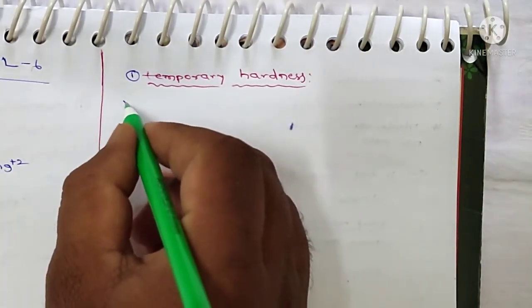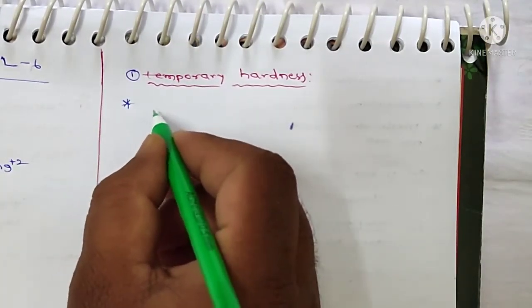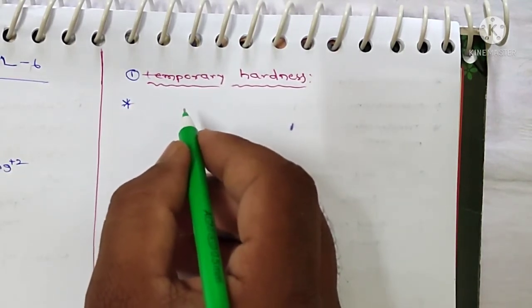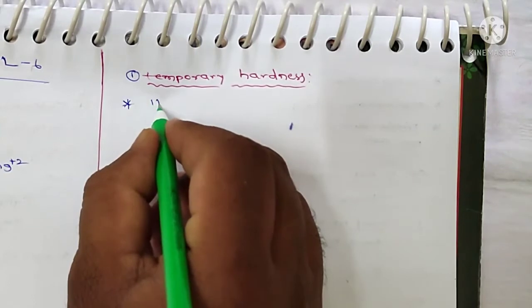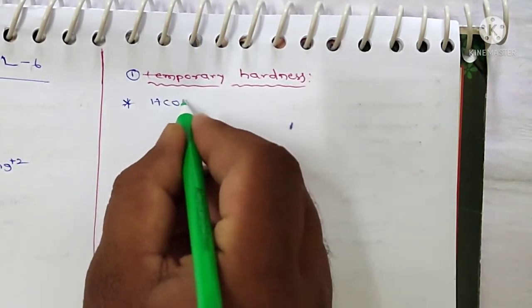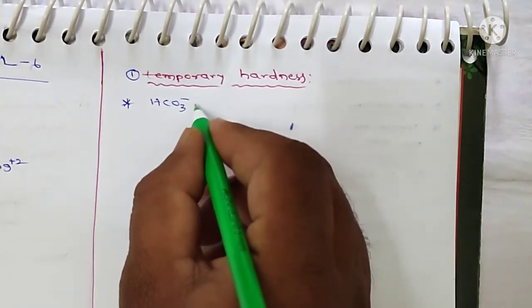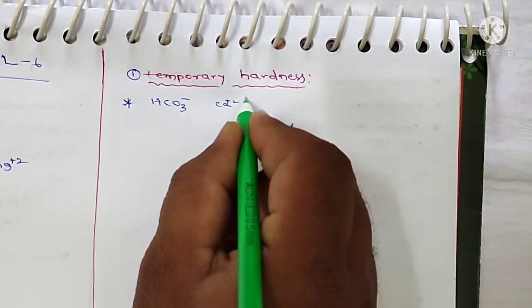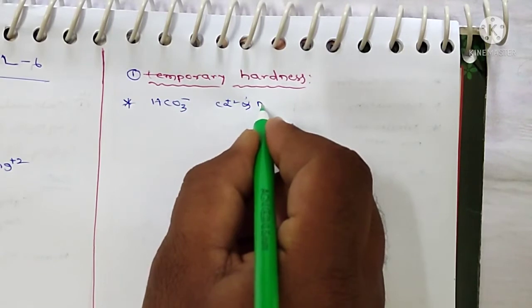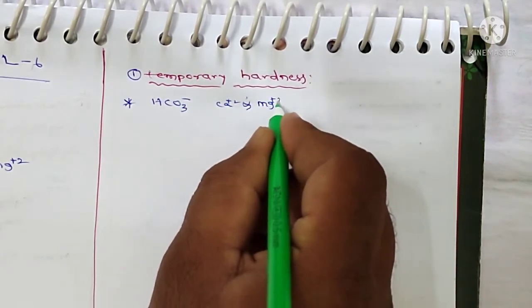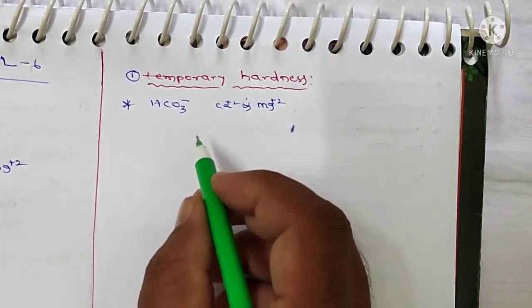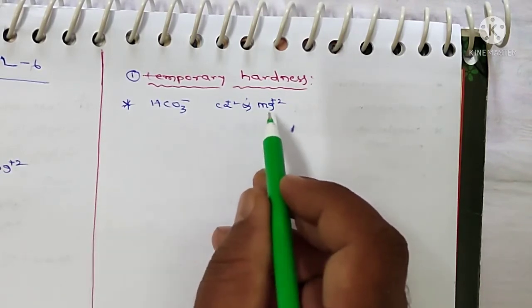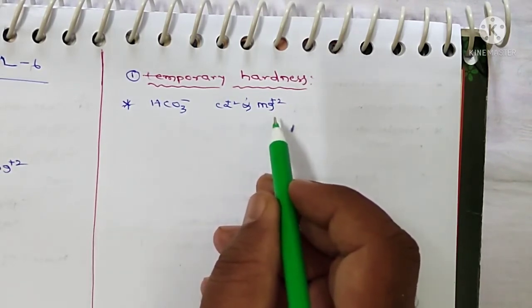Temporary hardness is due to the presence of bicarbonates of calcium and magnesium salts, the bicarbonate HCO3 minus.